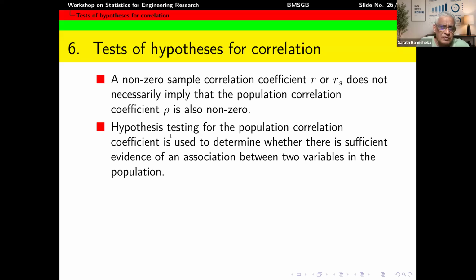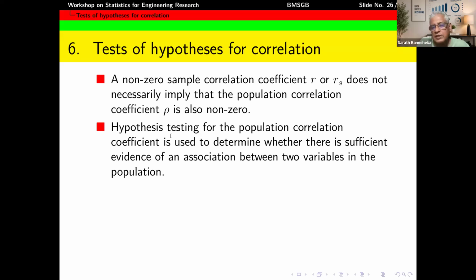Not necessarily. Sometimes you might see a somewhat large sample correlation coefficient, different from zero, but that sample may have come from a population where the population correlation coefficient is actually zero.